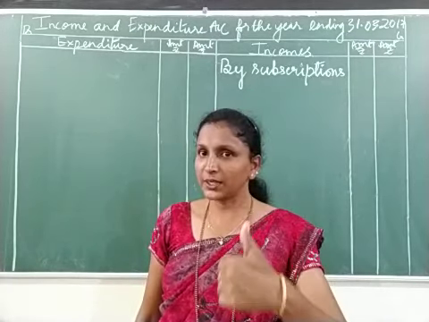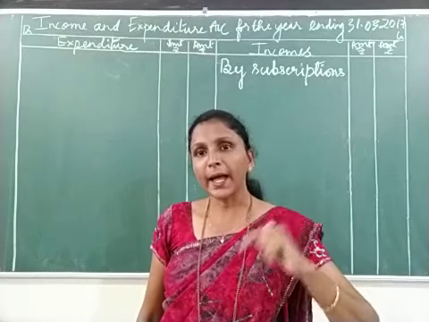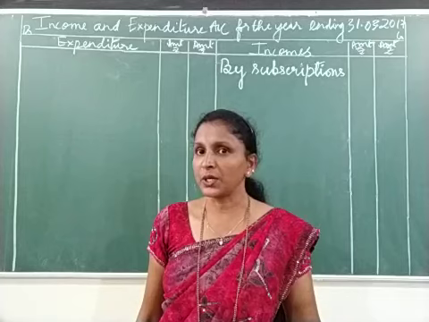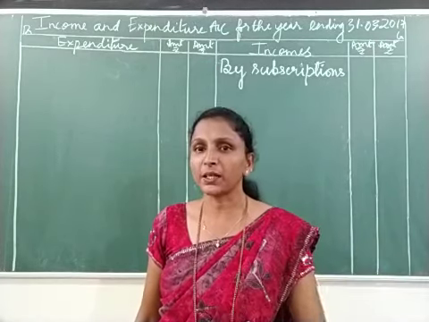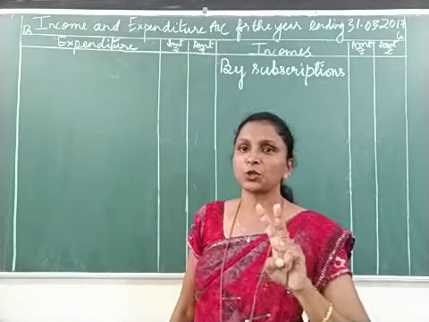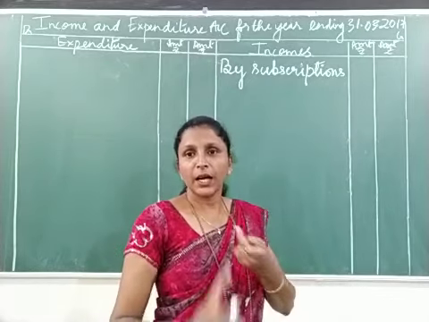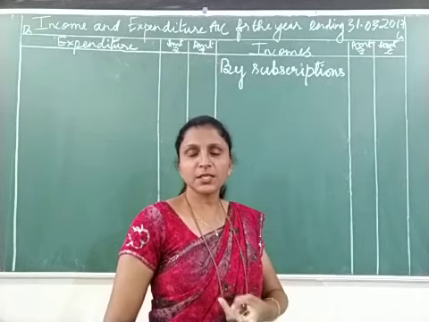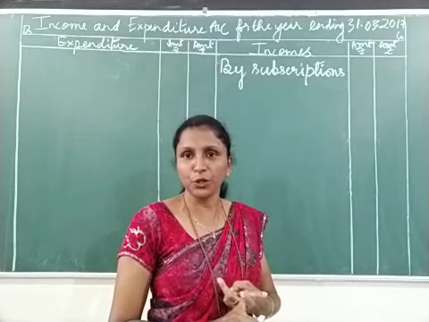One is you have to check the adjustments given. At the same time, there can be previous year's adjustments, which we will get in the previous balance sheet or opening balance sheet. So in two places you have to check whether there are any items related to subscription: in the adjustments as well as in the opening or previous year balance sheet given to you.